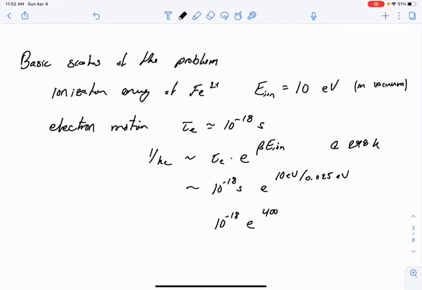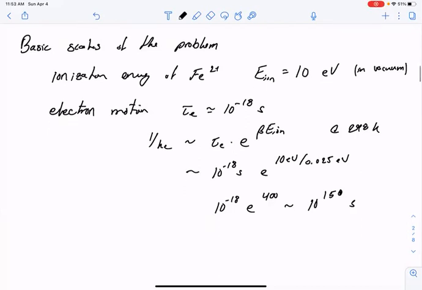Converting from base e to base 10 gives me about a factor of 3. Ballpark, this is 10 to the 150 seconds or so. That's much, much longer than the age of the universe. If the barrier that the electron had to overcome really were the ionization energy, this would absolutely never happen.